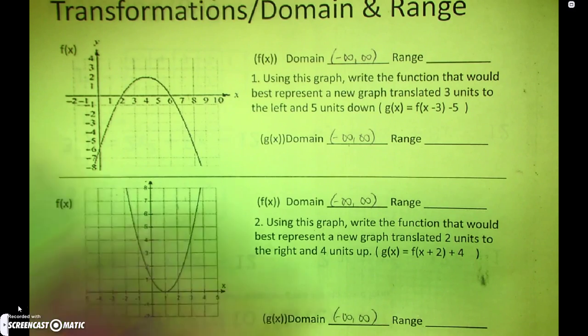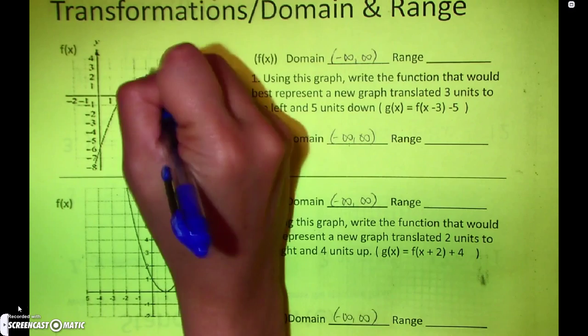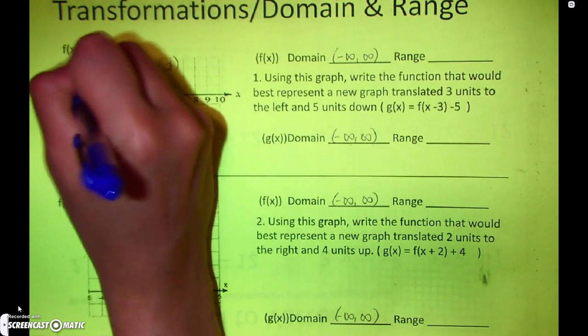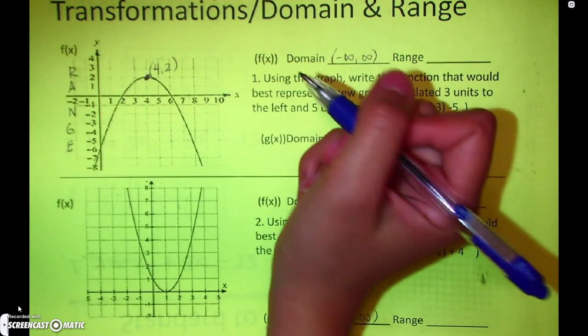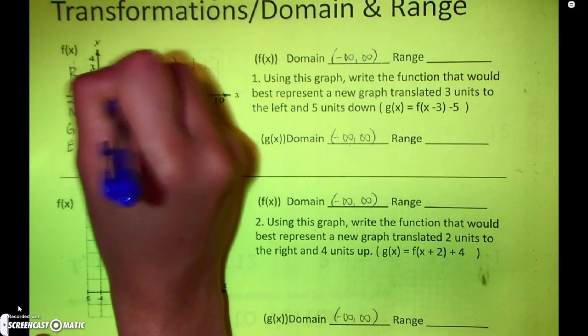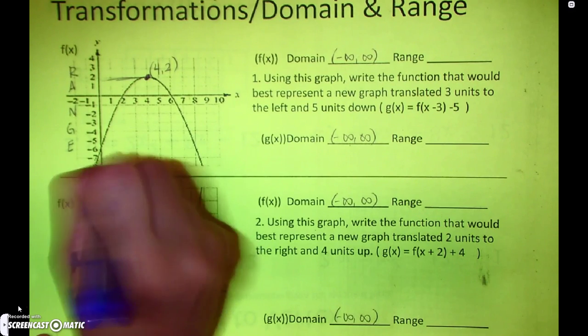When I look at the range of this function, I'm going to look at my vertex. My vertex in this case is 4, 2. When we talk about range, we are talking about the y-coordinates and where the graph starts and where it ends, if you will.